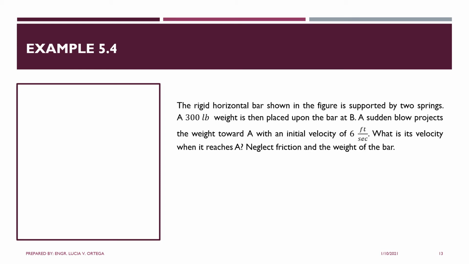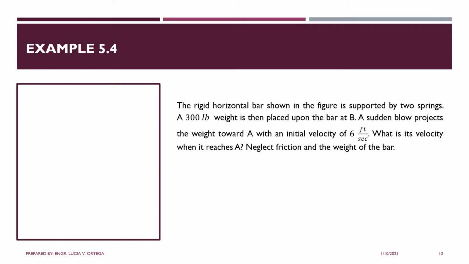Another sample problem. The rigid horizontal bar shown in the figure is supported by 2 springs. A 300-pound weight is placed upon the bar at B. A sudden blow projects the weight towards A with an initial velocity of 6 feet per second.